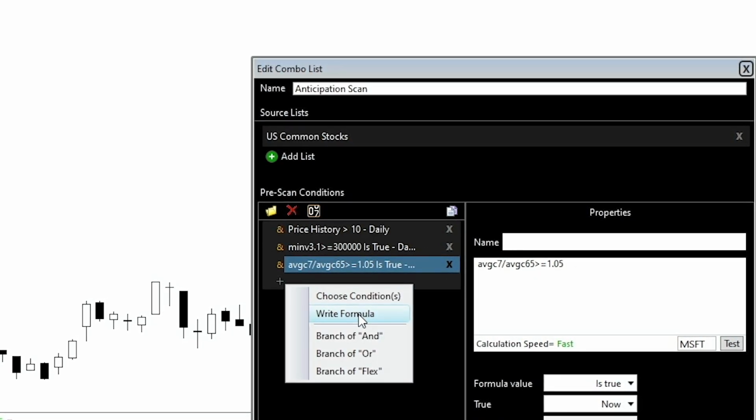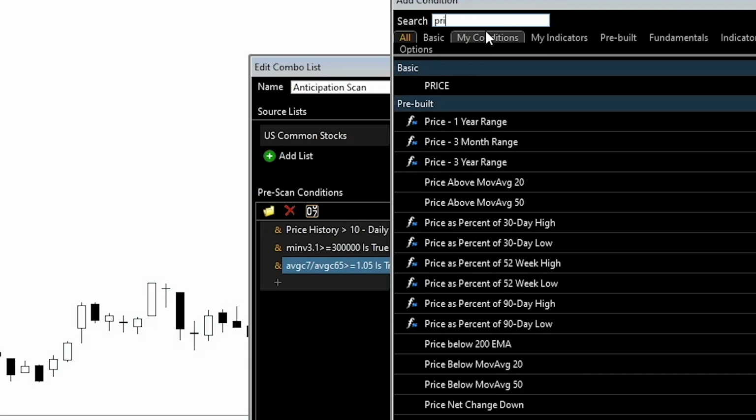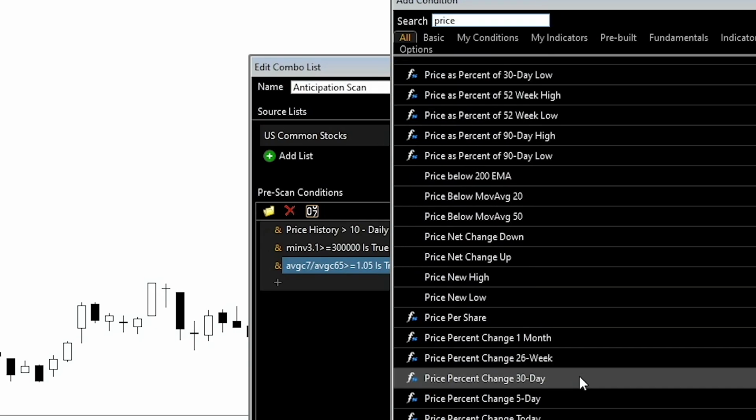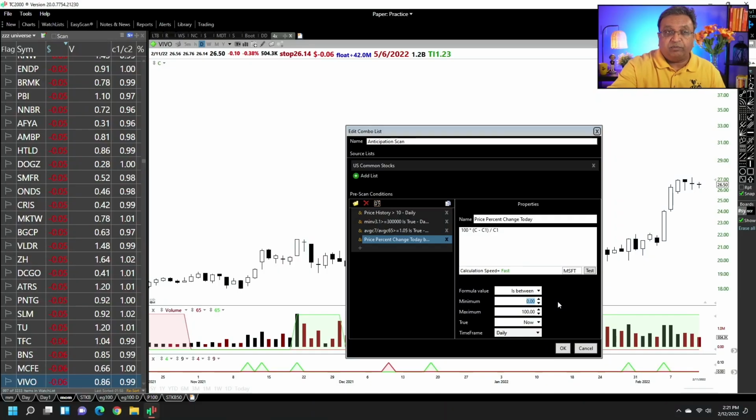I'm going to use a condition here which is price percent change. If you keep going down, you will see price percent change today. In this condition, I'm going to look at stocks whose price percent change for today is between -1 and 1%. And I want to find stocks which for 3 days in a row had price percent change between -1 and 1%.